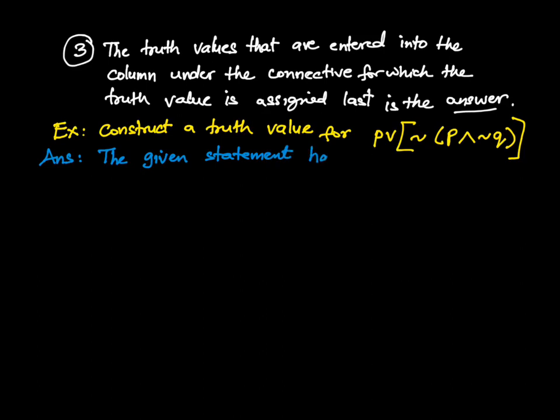So this one is: construct the truth table for P, disjunction, negation of parentheses, P conjunction, not Q. So you have two simple statements.